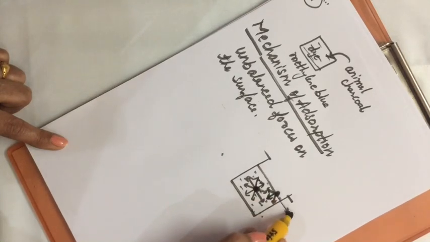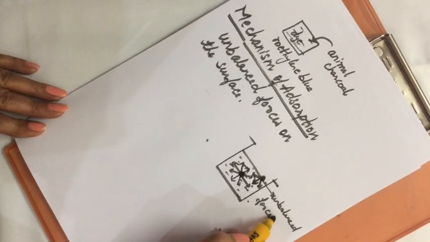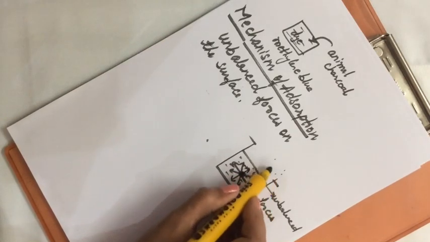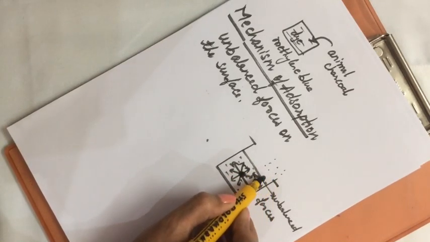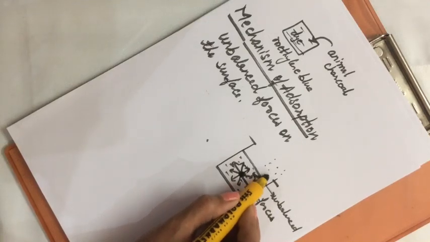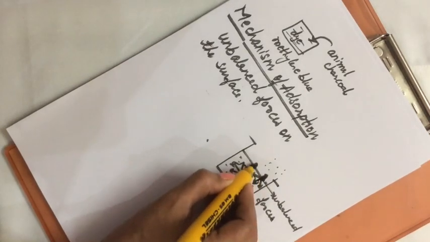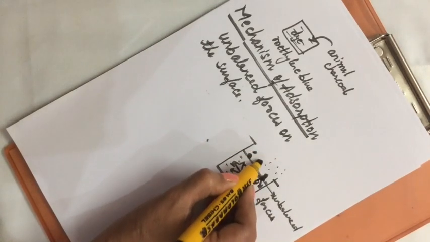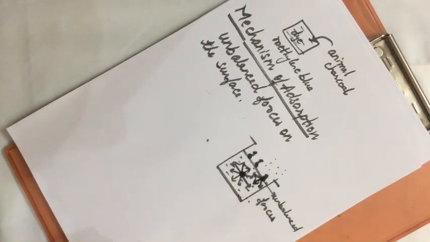Because of this, unbalanced forces are acting on this molecule. And because of these unbalanced forces, this molecule will start attracting molecules from outside and retain them on its surface. This phenomenon is known as adsorption.